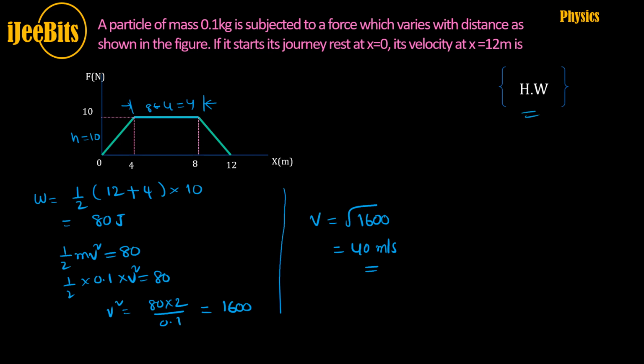Clear? You like this problem? You should get a clue that area under the curve is the work done. Area under this F-x curve equals work done. That's the first clue.